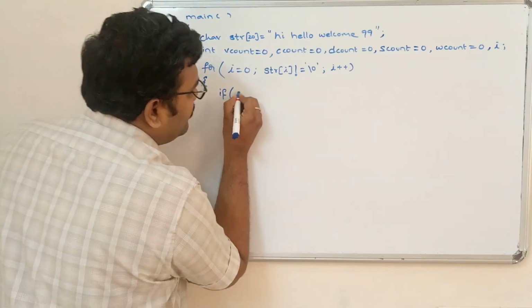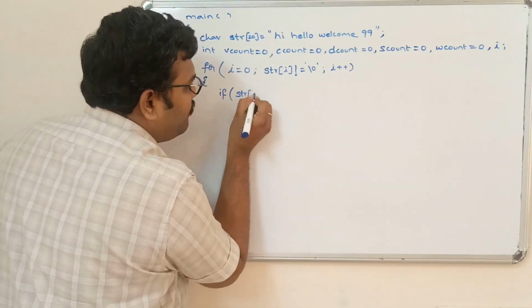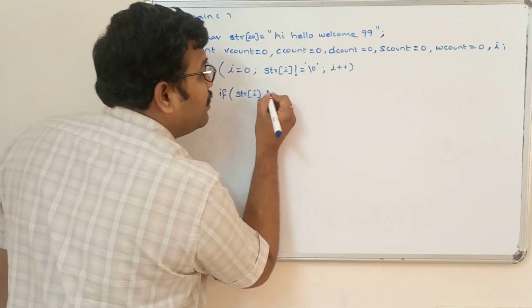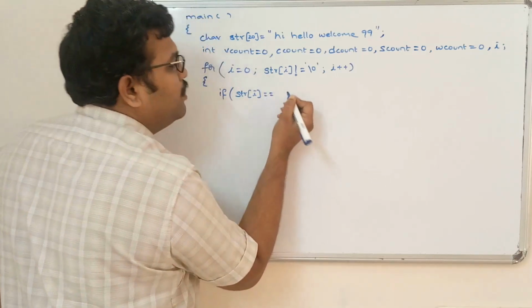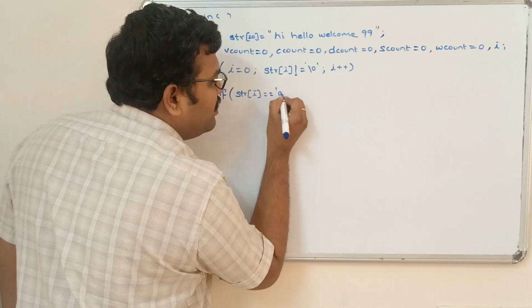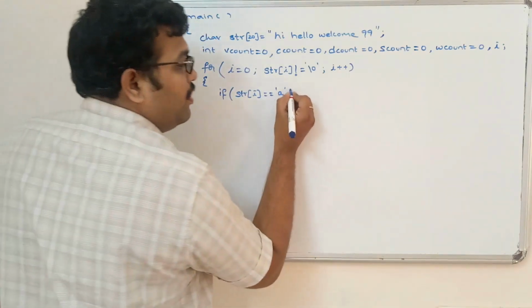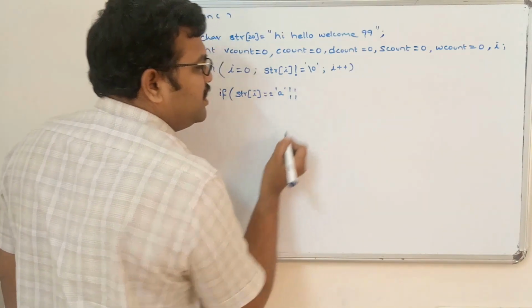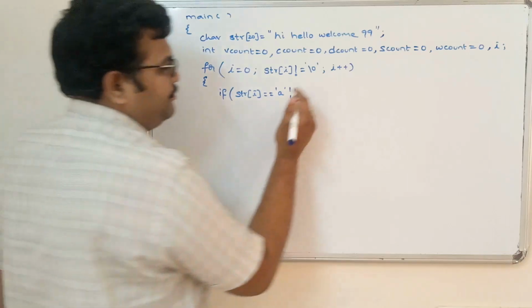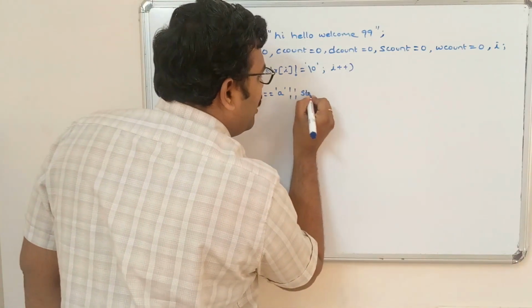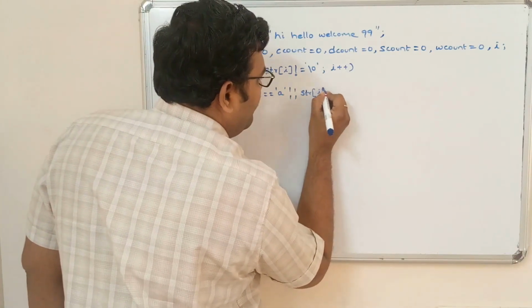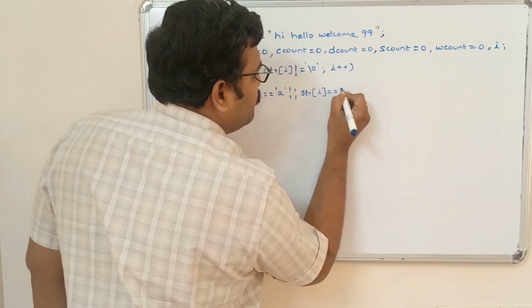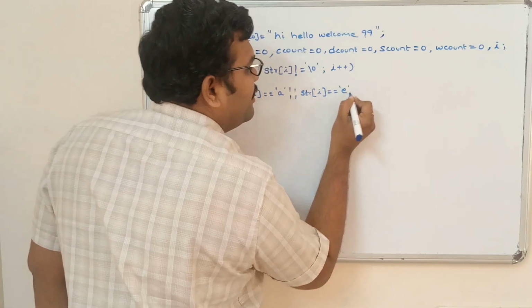If str of i is equal to character 'a', or, this is a logical OR, str of i is equal to 'e'.